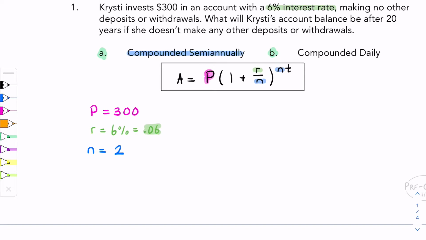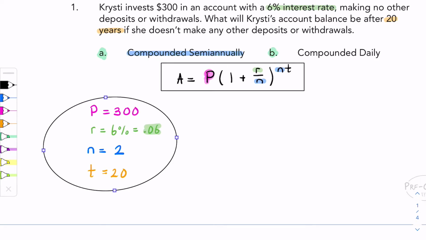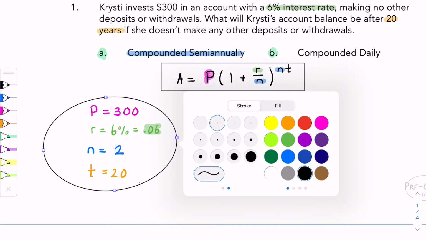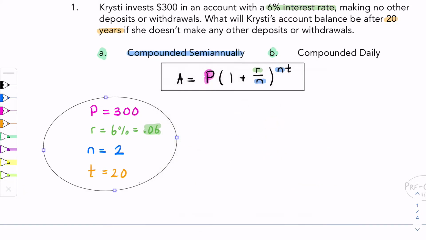And the last piece of information is the time. So how long are you leaving the money in the account? In this example, Christy is leaving the money in the account for 20 years without touching the funds. So we have all of these values that we need to substitute into the formula for compounded periodically.